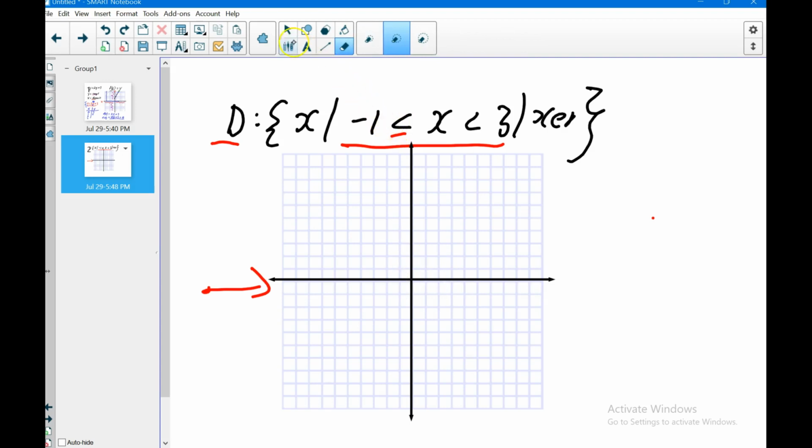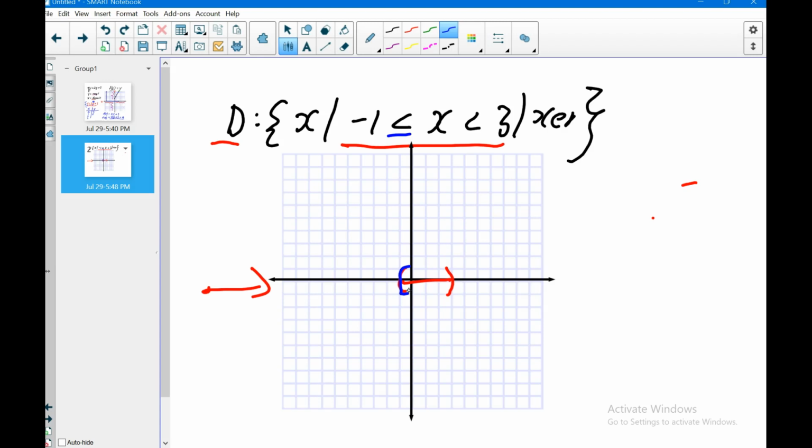If it's less than, they would put a curved line at -1, and at +3, a curved line like that. But if it was equal to, they would use a box like that. So the square means equal to, curve means not equal to, or just greater than or less than. That's how it says there.